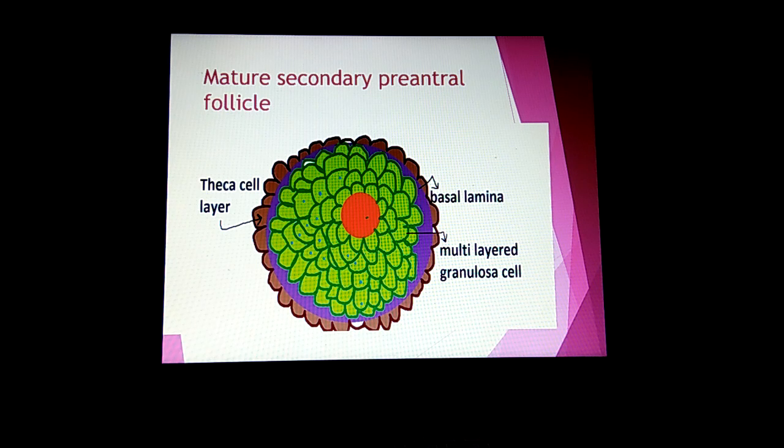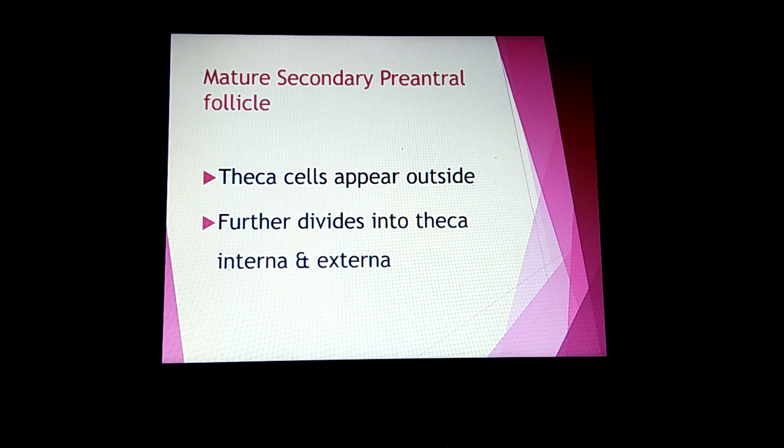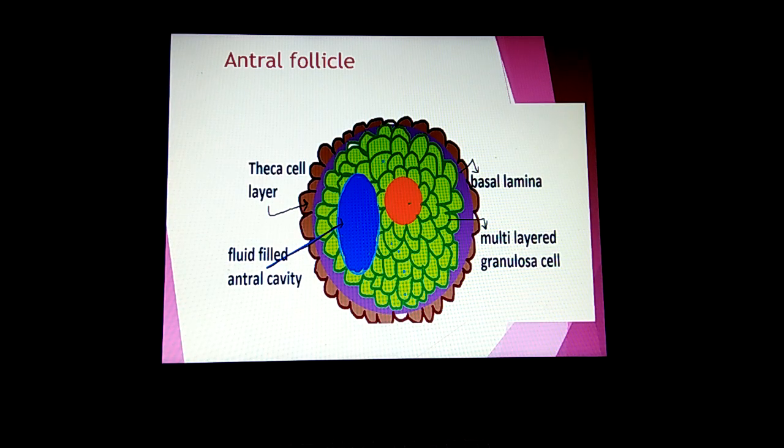Now this mature secondary preantral follicle develops into the antral follicle. Why are we calling it an antral follicle? Because you can see the antrum has formed. This blue colored cavity is known as the antral cavity, which is filled with fluid. You can see the brown colored theca cell layers which have been divided into the external and internal.